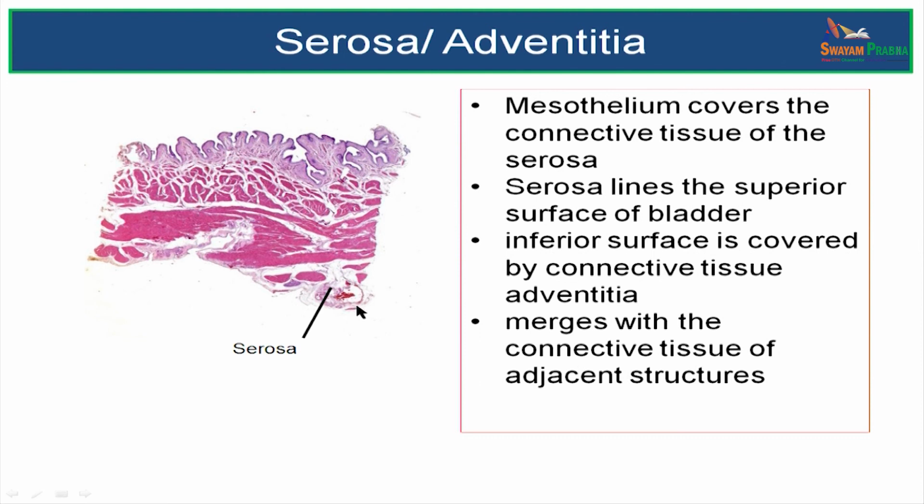So, in the superior surface of the bladder you have serosa. If the section has passed through the superior surface of the bladder, you can see the serosa, but in the inferior surface you have only connective tissue, there is no mesothelium, which is simple squamous epithelium. In the inferior surface the connective tissue adventitia will blend with the connective tissue of adjacent structures.